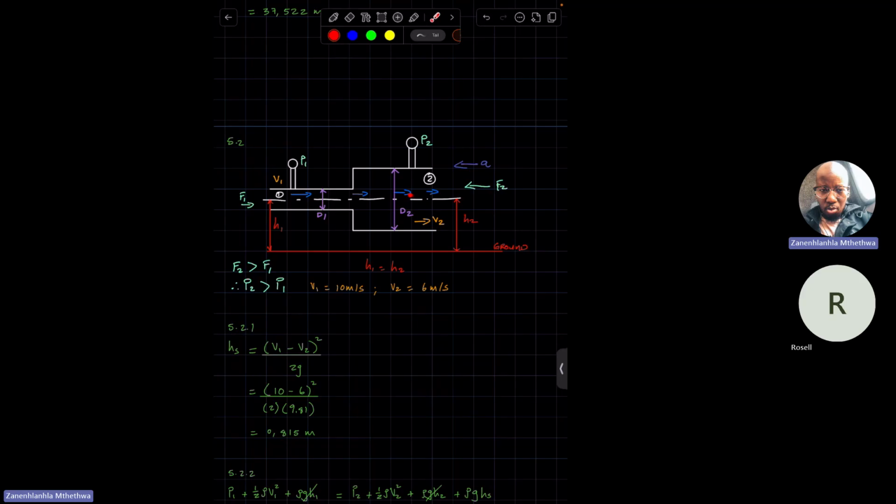So that is what a tapered pipe is. For such cases, we know that the Q, the flow rate, is the same. So Q1 essentially is equal to Q2.